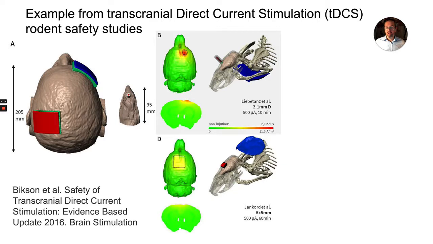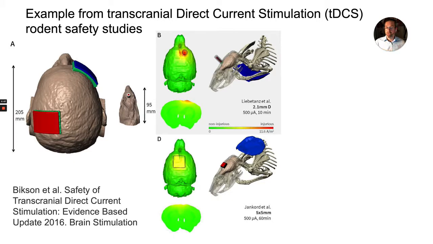And here's just two examples of two different TDCS approaches that were used in two different labs collecting safety data. Now it's both in rats, but you can see that the electrode here placed over the head is a slightly different size. In panel D, it is larger than it is in panel B, but you'll also notice the position of the return electrode.